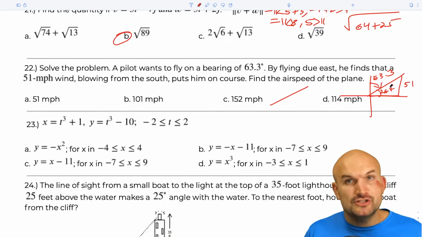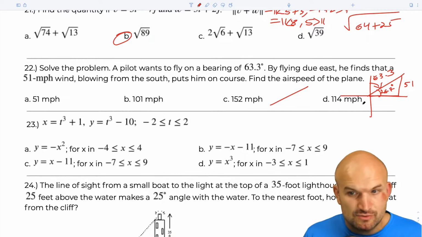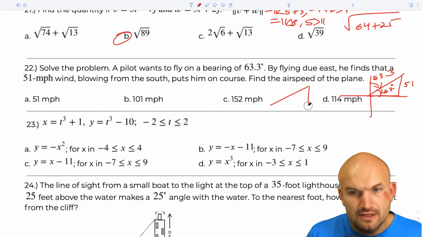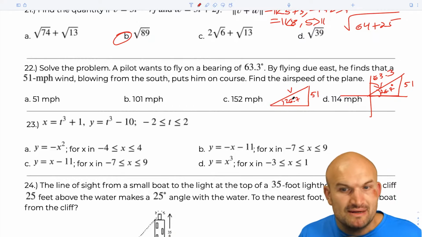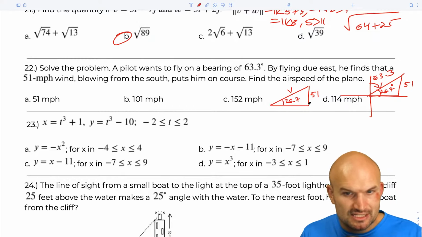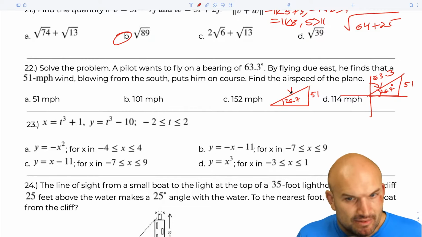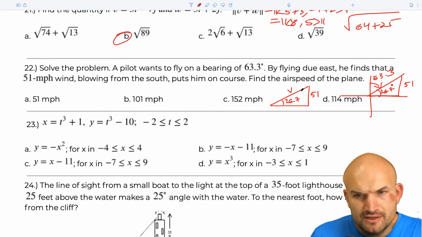Okay, now you could use this with vectors. I'm going to decide to use this with triangles because it's a little bit easier when recognizing this if you're just trying to find the length, because we know this angle is 26.7, right? And I just want to find this length here, which is going to be representing my speed, right? This is technically the speed, and then once the wind blows it, I have this new speed and angle. So what is the speed going to be? So all we're going to do here is opposite over hypotenuse.